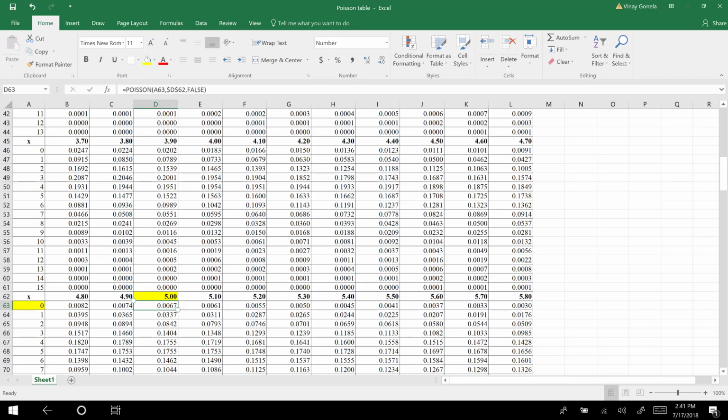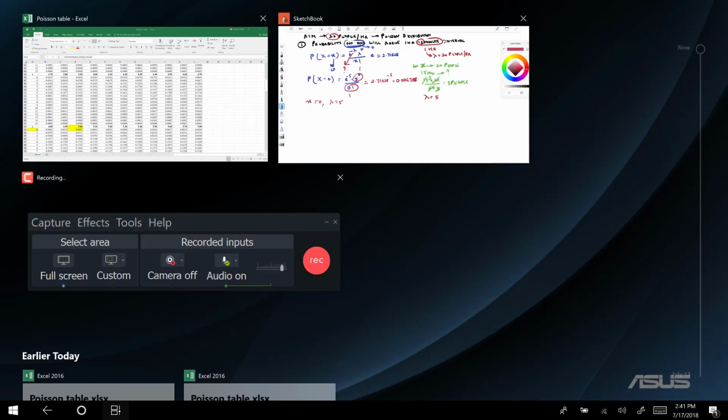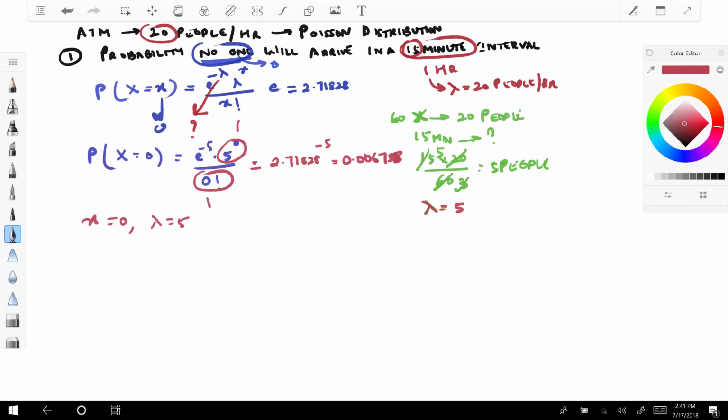The value we get is 0.0067. So it's the same as what we got here, 0.006738. So that's how you can use the table.